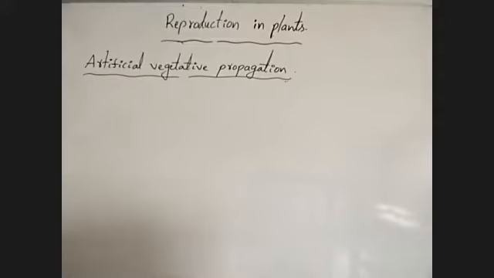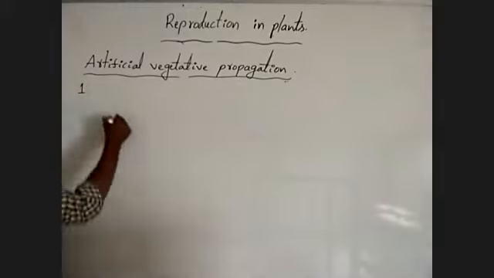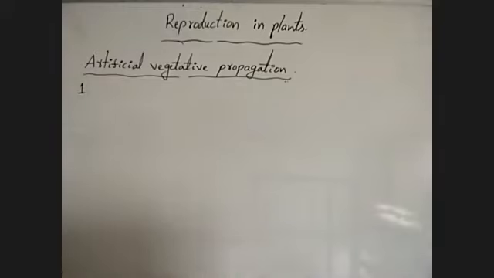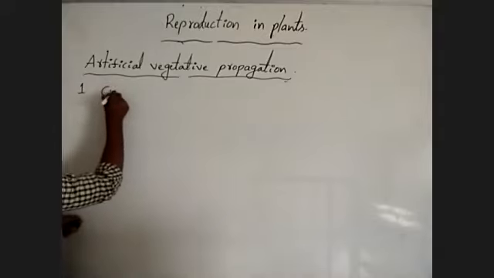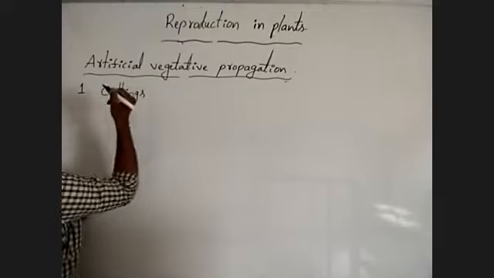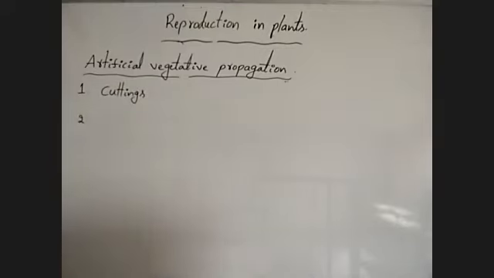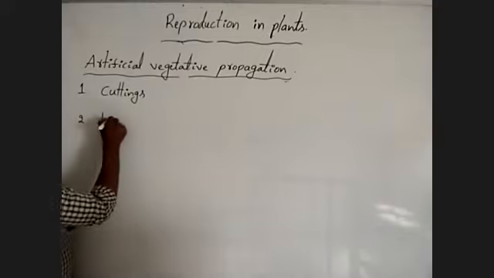Yes, there are three important types of artificial vegetative propagation. First one, cutting. Second one, layering.